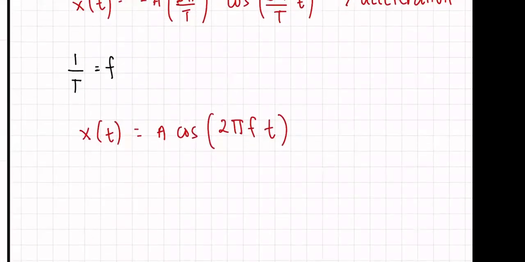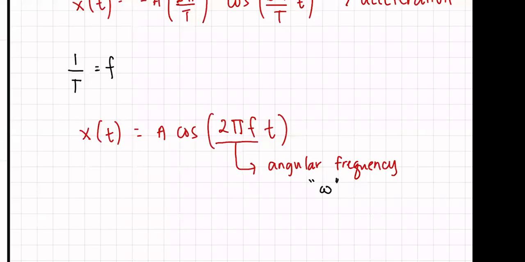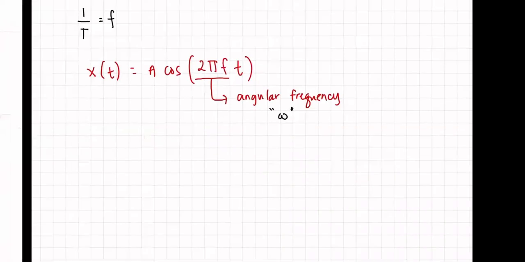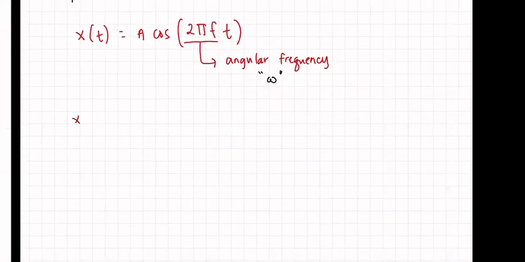Then, si 2 pi f, mayroon siyang special na tawag sa kanya. Ang tawag sa kanya is angular frequency. Okay? So, denoted siya by the symbol omega. Okay? So, ibig sabihin, pag pina-simplify pa natin ulit, si displacement equation natin is also A cosine omega t. Okay?